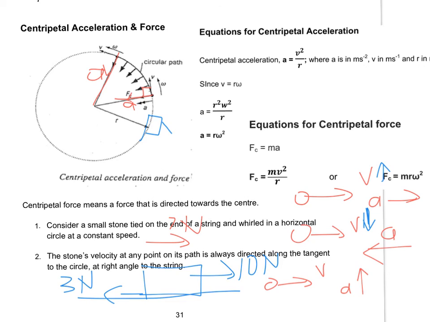So centripetal force is like this net force. There need to be other forces acting on the object, such as weight, normal reaction, tension of a string. All these will add up together and give you a resultant force. That resultant force would then become your centripetal force. So always remember, centripetal force cannot exist on its own. It needs to be provided by some other forces.